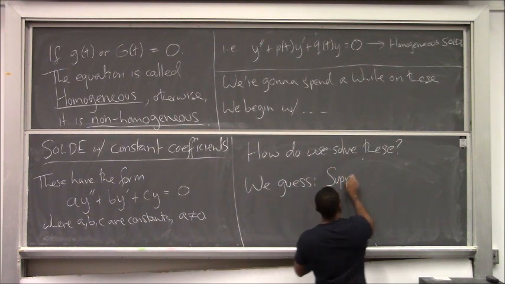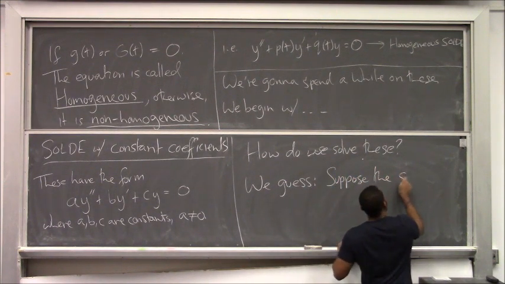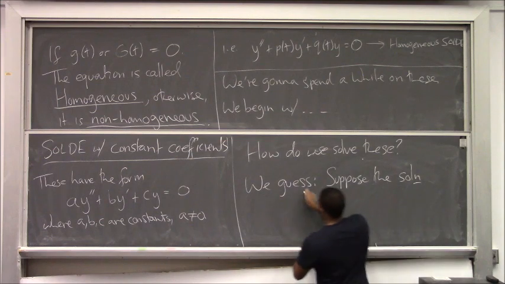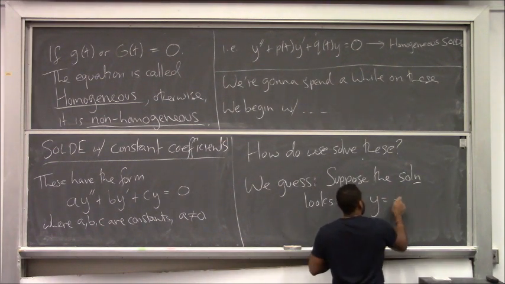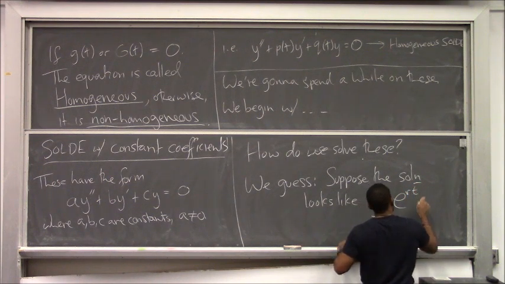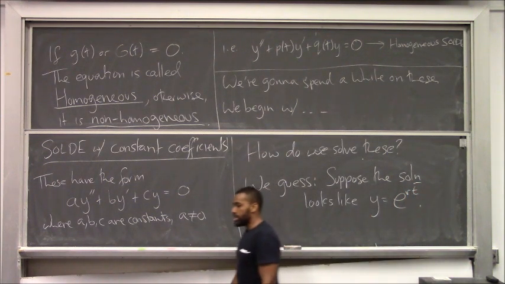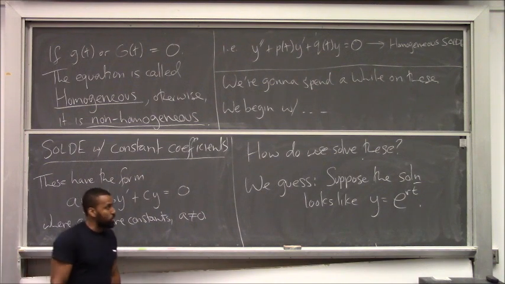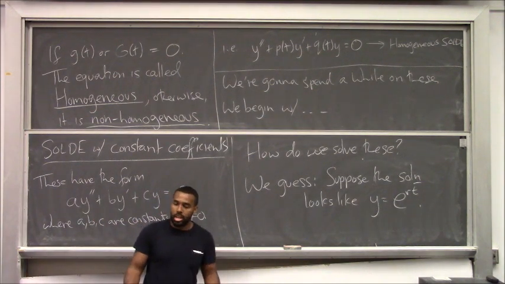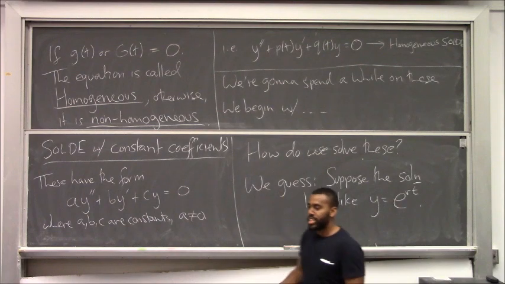Suppose the solution looks like e to the rt. This guy will have the potential that we need. When I take his derivative, he seems like himself. I'll always obtain a like term.